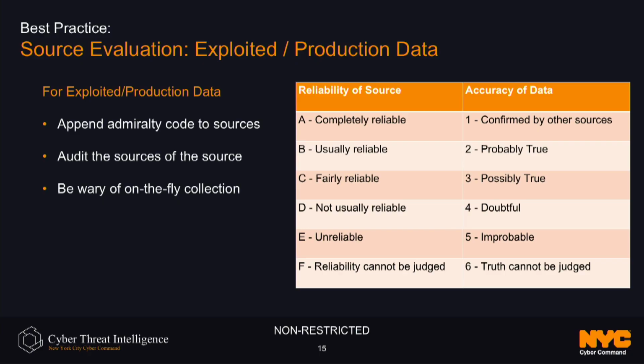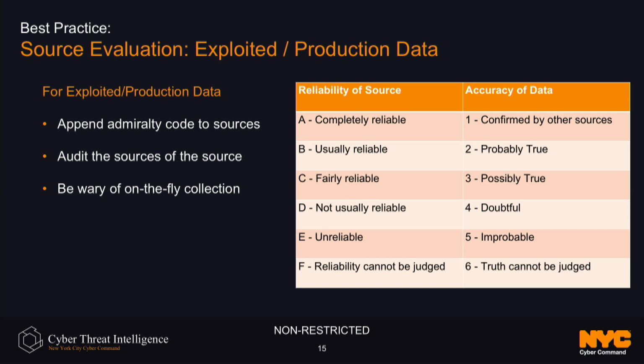Now, source evaluation when it comes to the production side of data, the more refined side of the data pipeline. Personally, I think appending an Admiralty Code to all your sources is very important, because it provides you a baseline whenever you have to pull data points from that source.